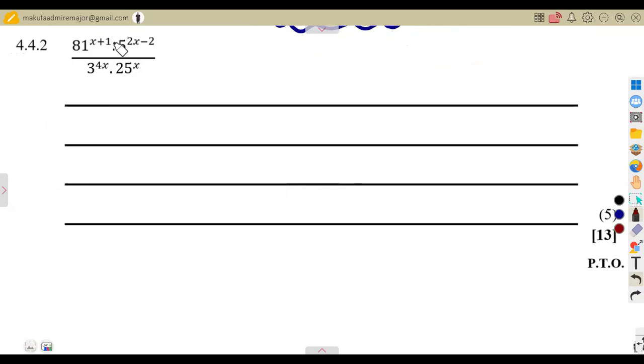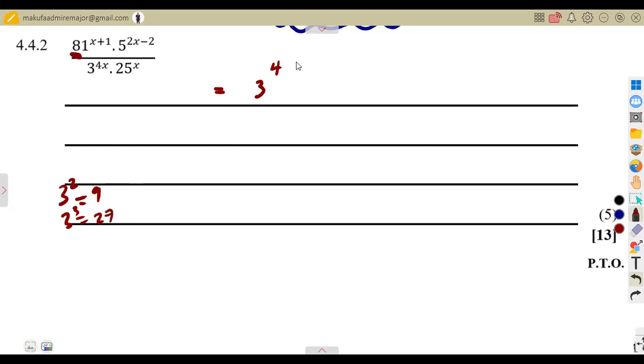Question 4.42, we are given, again to simplify, 81 to the exponent of this. Okay, so I said before, try to write these numbers in the simplest form in terms of the prime numbers. 81 can be written in the base of 3 in the simplest form, that is 3 to the exponent of 4. You can even try 3 to the exponent of 2, 3, until you obtain this 81, 3 to the exponent of 4.